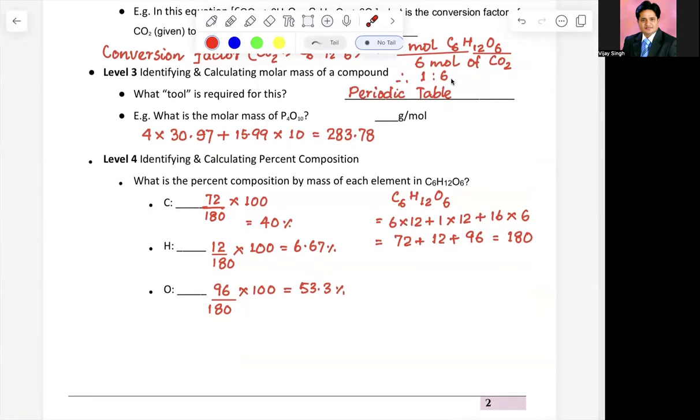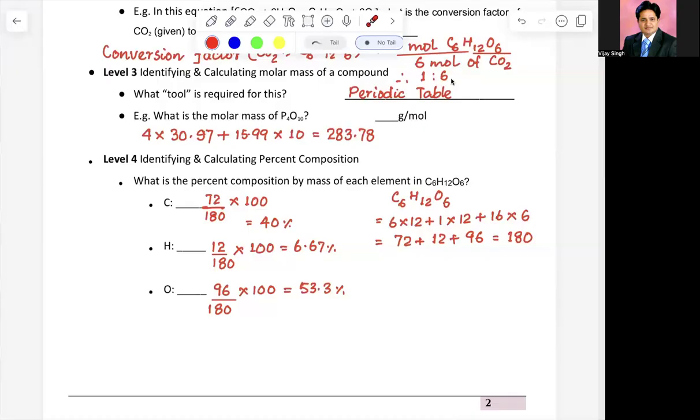Level 4, identifying and calculating percentage composition. What is the percentage composition by mass of each element in C6H12O6? First you find the molar mass of C6H12O6. That gives you 6 times 12, carbon 12, that's rounded, hydrogen 1 times 12, oxygen 16 times 6, because there are 6 atoms of oxygen. You add them, you get 180.